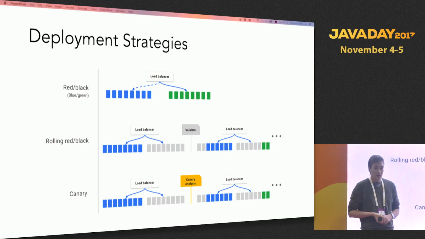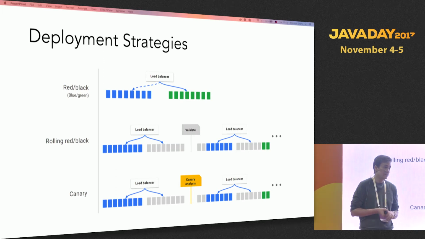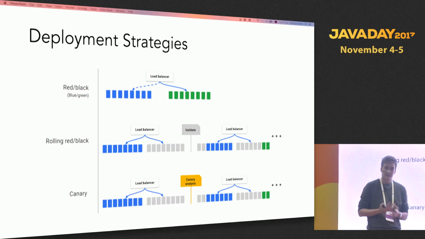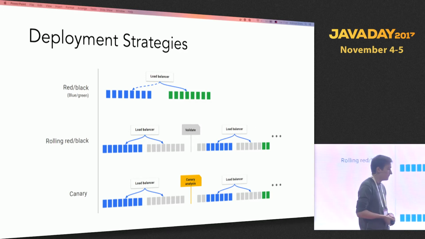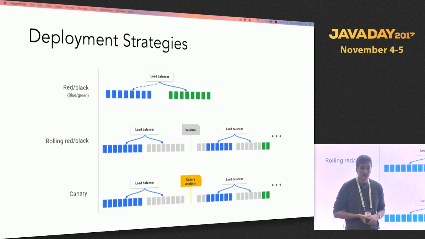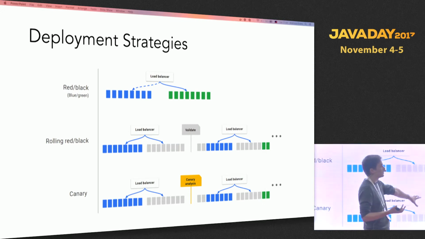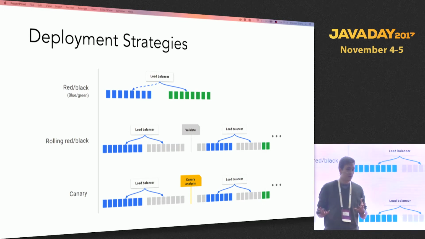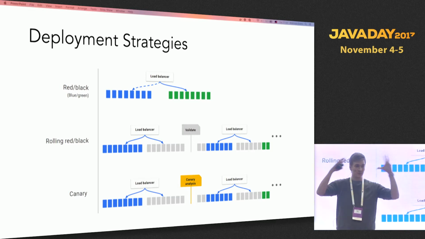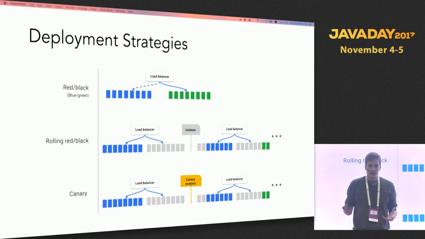For instance, the amount of errors in the logs, or the traffic that is routed to some functionality, or HTTP error codes that you might receive, or CPU usage, memory usage. These are all metrics that you could combine. You could count them up in some kind of algorithm, and then calculate a score based on this.